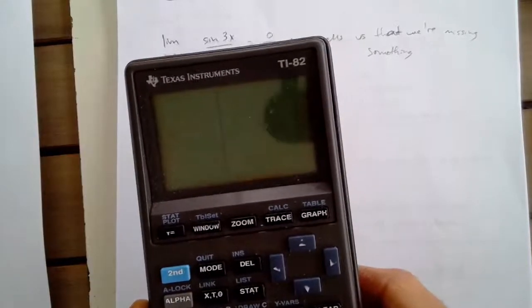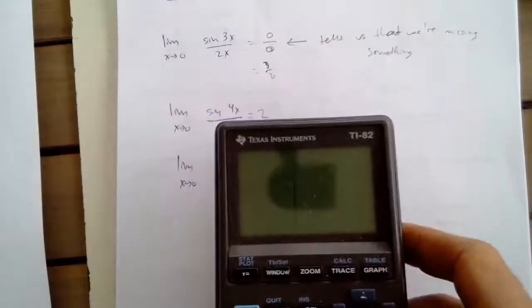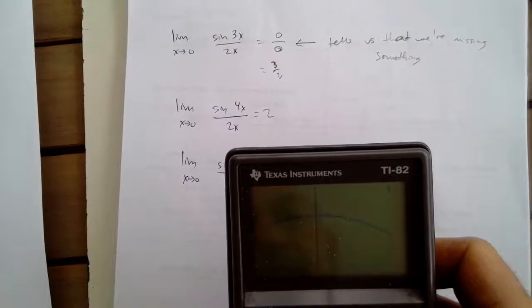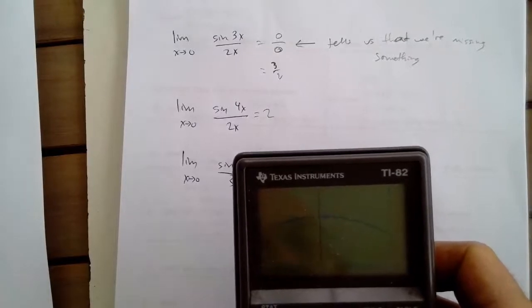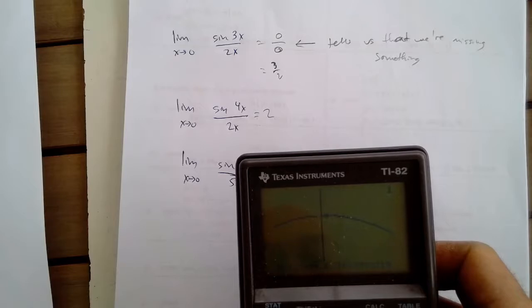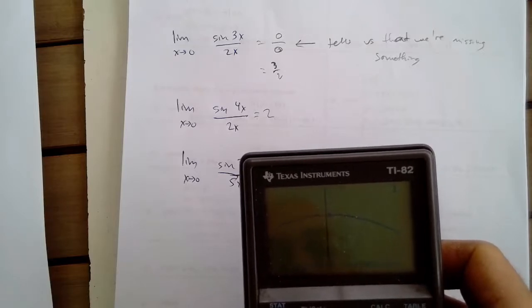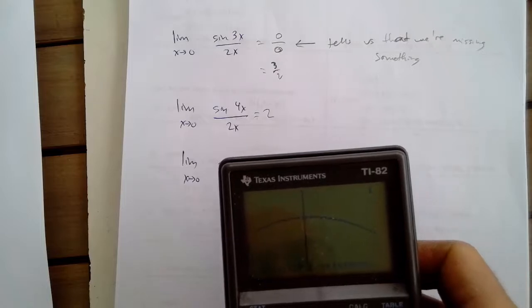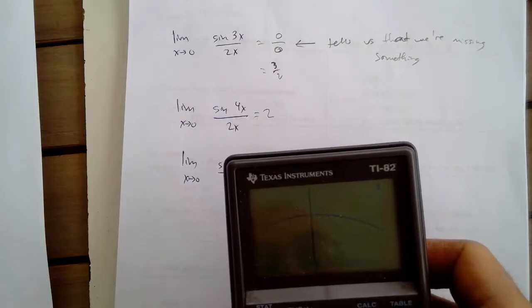Okay, I'll trace it. 0.599 or 0.5997, oh wow, look at that. Just to the right it's 0.5999, and just to the left it's 0.59999. So it's basically 0.6, which is the same as 6/10, or 3/5.